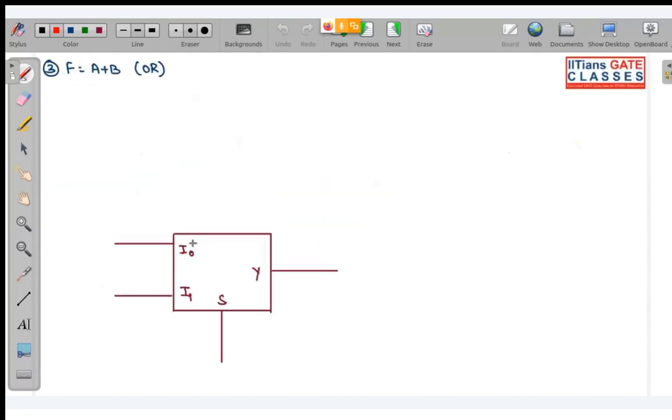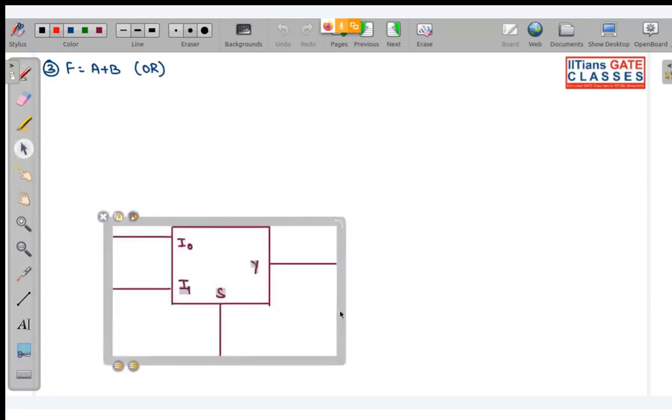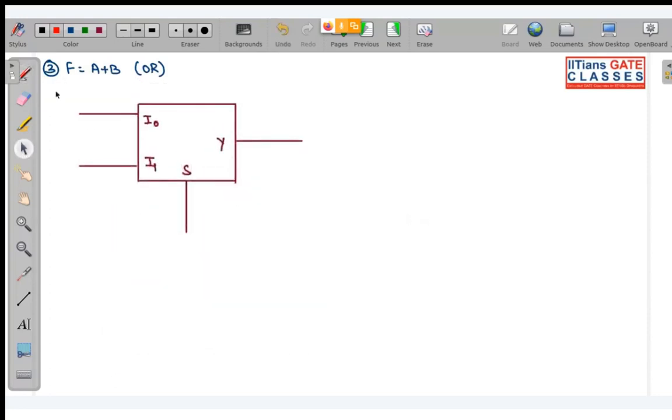Okay, so the next is A plus B, that is the OR gate. I want you to do this. I want every one of you to try.